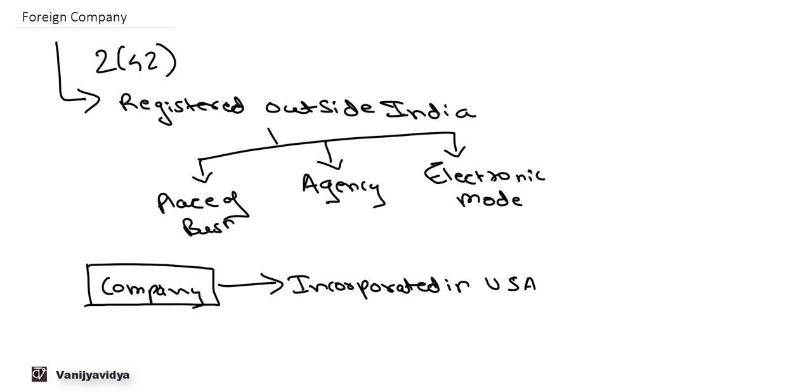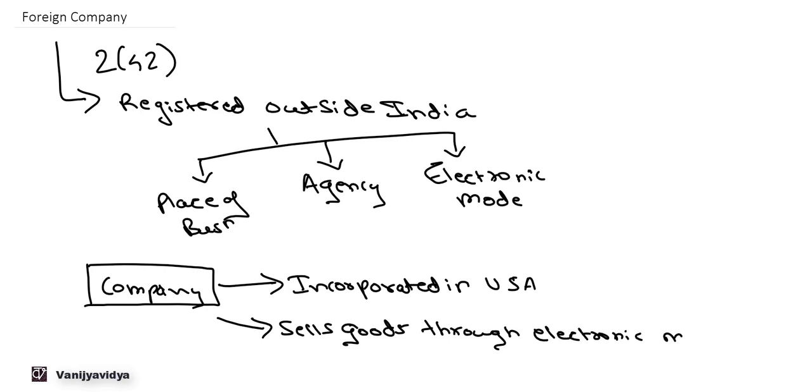Now what it does is it sells the goods through electronic mode, that is online. It sells the goods in India, online sale of goods in India. So now it carries on its business through electronic mode. So this is a foreign company.